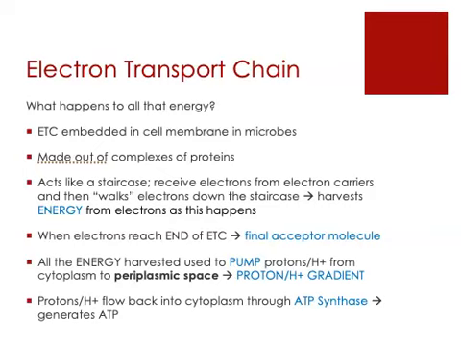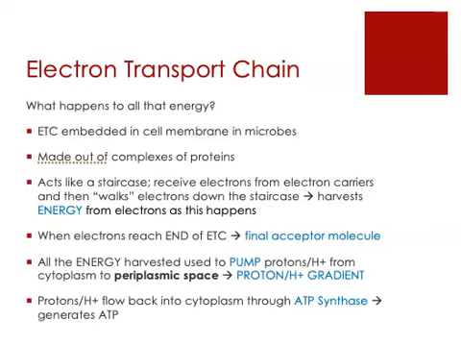These electrons are going to walk very carefully down the stairs, one step after another after another. They're going to get lower and lower and lower down the staircase. They're going to be reduced in their energy as they go step to step to step. And the energy is going to be harvested by this transport chain.